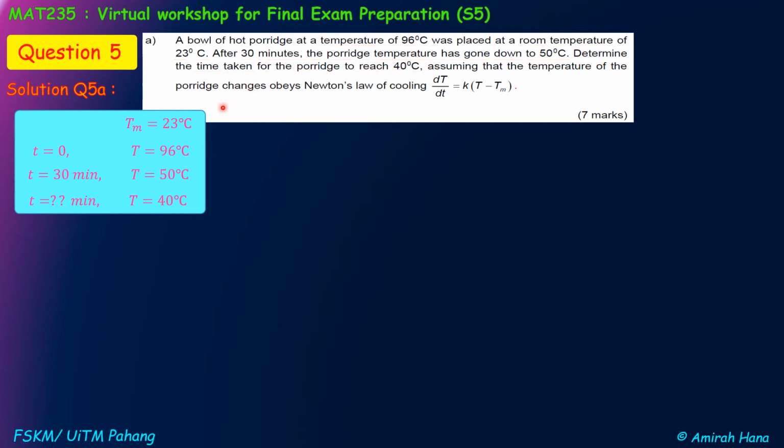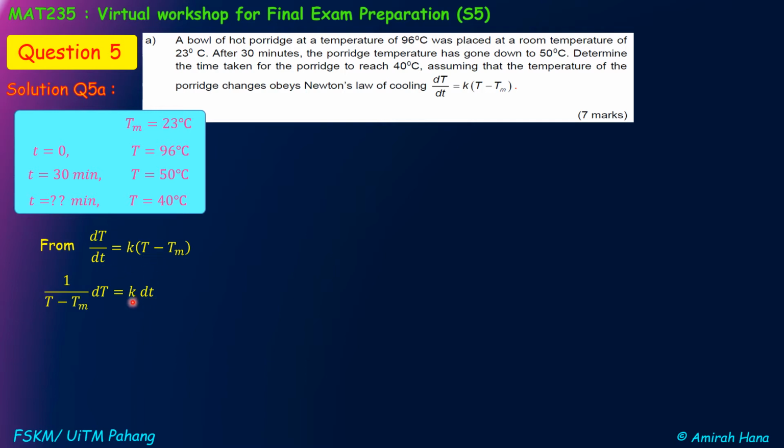To solve this question, first we start with dT/dt equals k times (T minus Tm). Using the separable equation, we move T minus Tm to the left-hand side, so we have 1 over (T minus Tm) dT equals k, and we move dt to the right-hand side, so we have k dt.